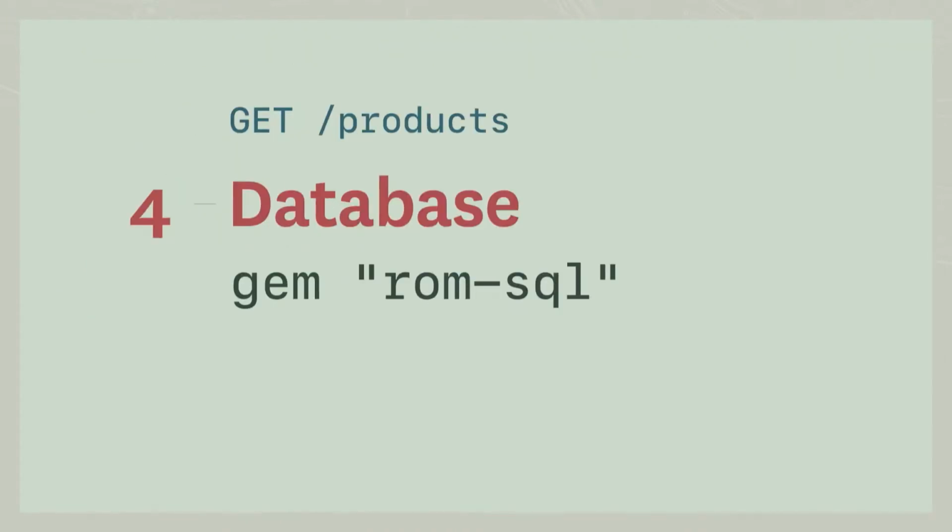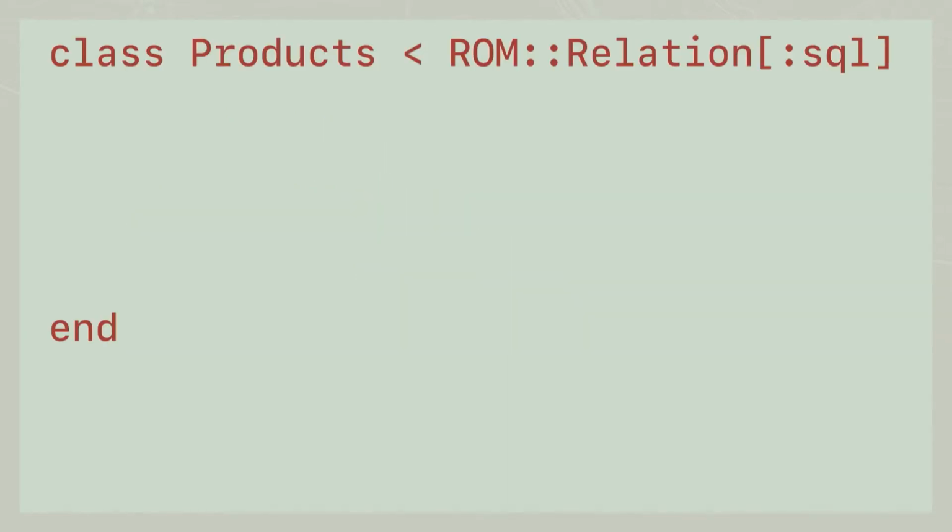Next, we need a database adapter for an SQL database. rom-SQL, another gem, provides this for us. There are lots of other flavors available. So we define a relation class.